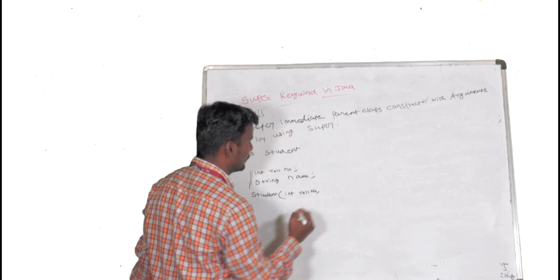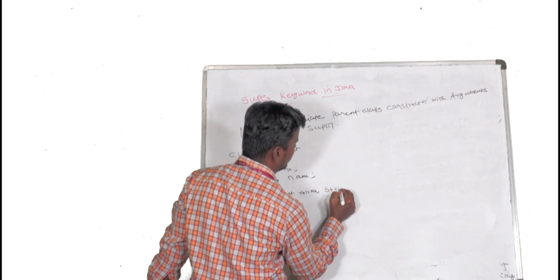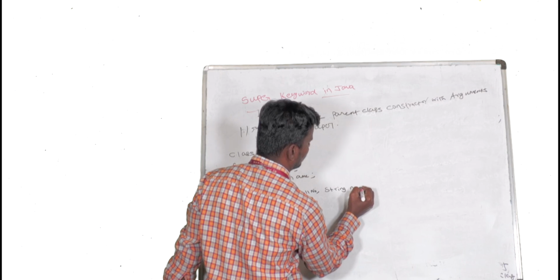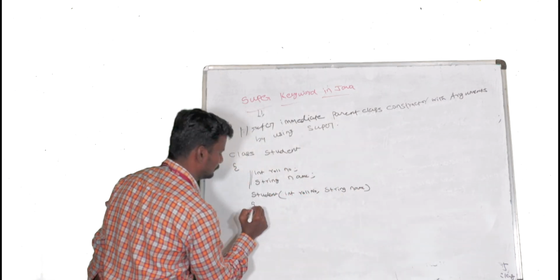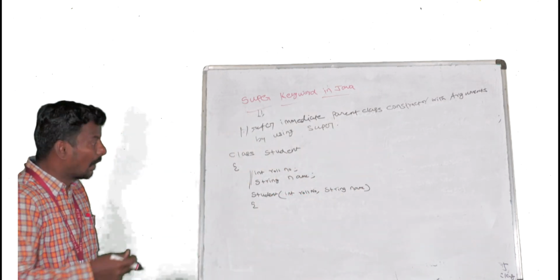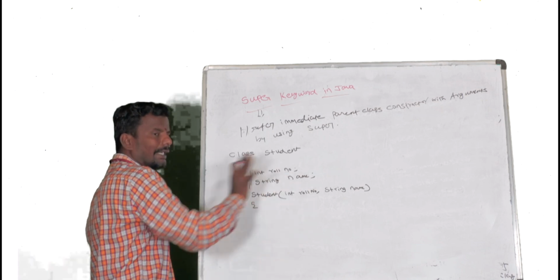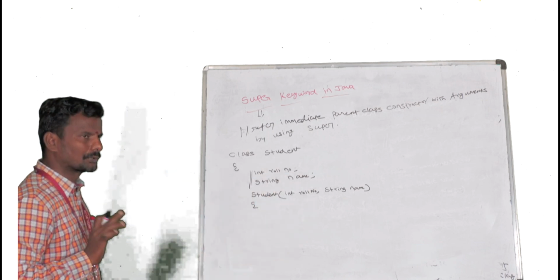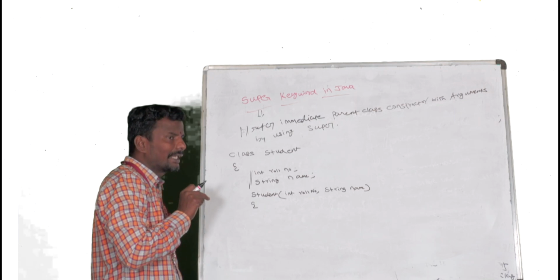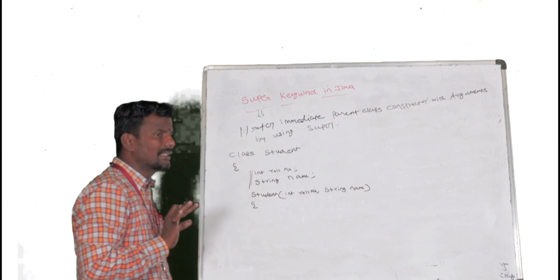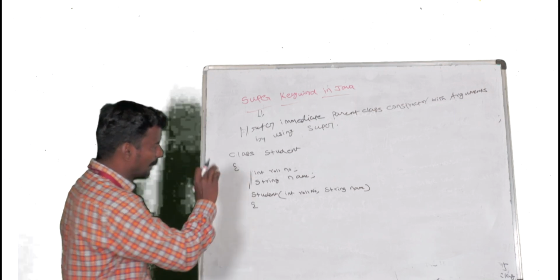So now we define the constructor with int roll number and string name. To initialize the values, we have to use the this keyword. If you want to refer to any instance variable, you use the this keyword.